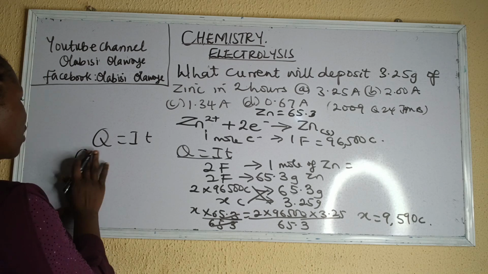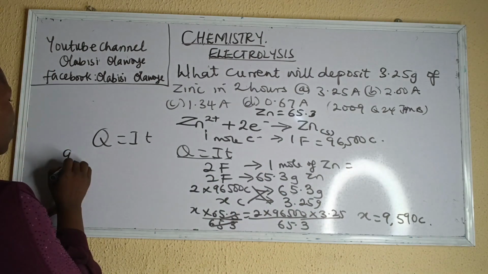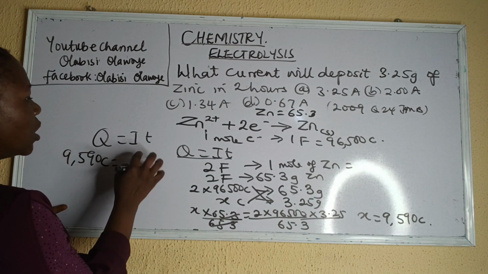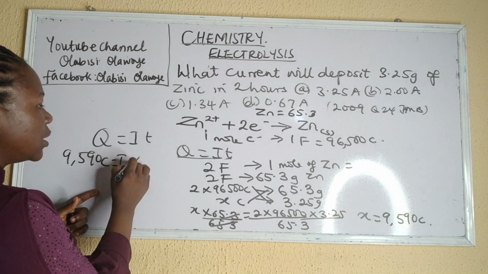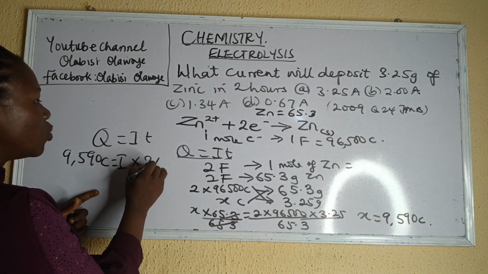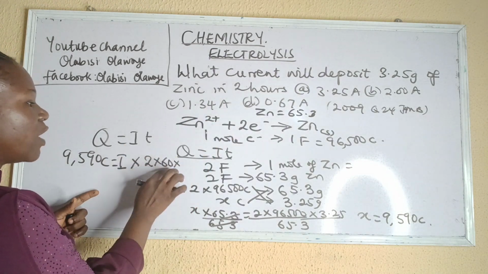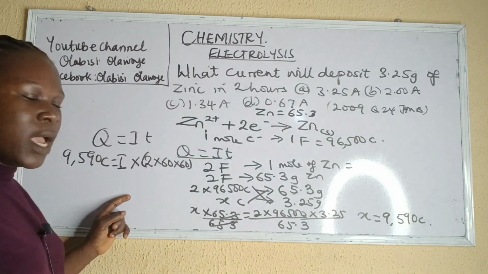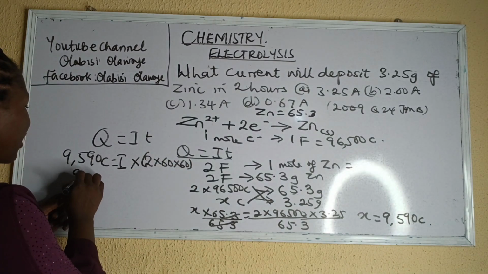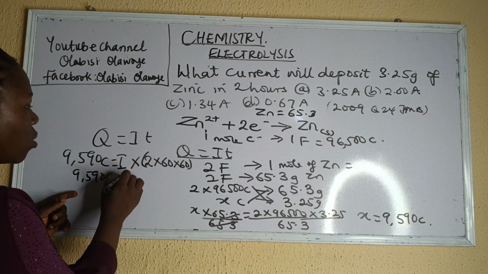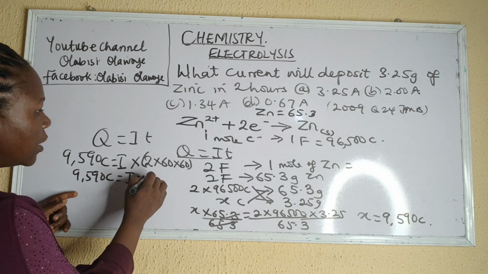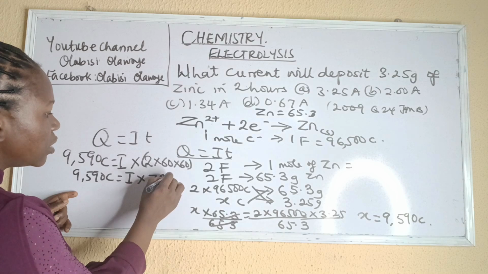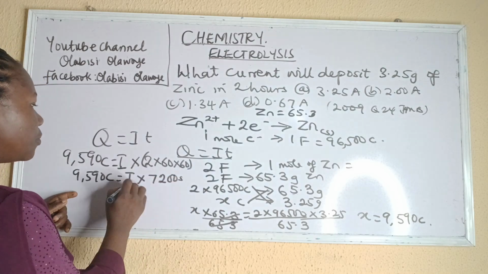Now from here, we can go back to the formula Q equals IT. Q has been given as 9,590 coulombs. The current is what we are trying to calculate, and time is 2 hours, which we multiply by 60 to convert to minutes, and then by 60 to convert to seconds. So 9,590 coulombs equals current multiplied by 7200 seconds.